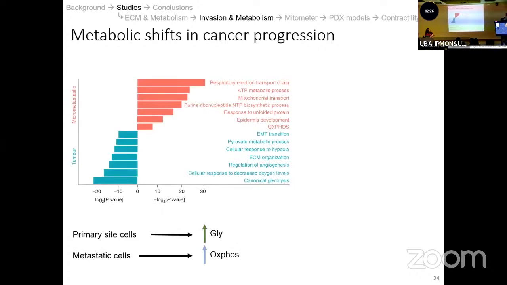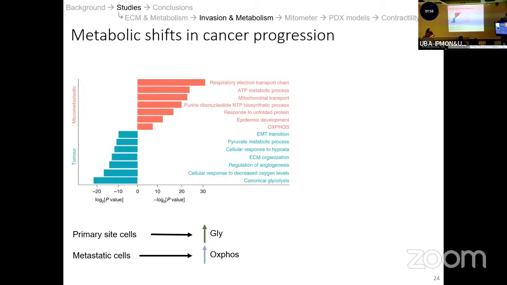All right, so overall, what you saw so far is metabolic shifts in cancer progression, that the micrometastatic cells here have a large proportion of gene regulatory proteins that are OXPHOS. That means that they're more prone to migrate and invade the tissue. We can shut down that pathway using inhibitors, and we can verify that with FLIM by switching the metabolism.